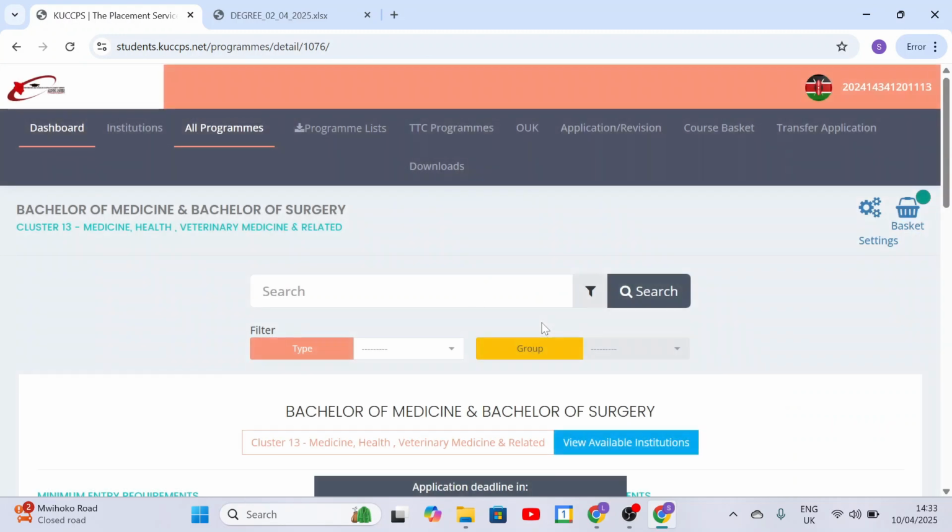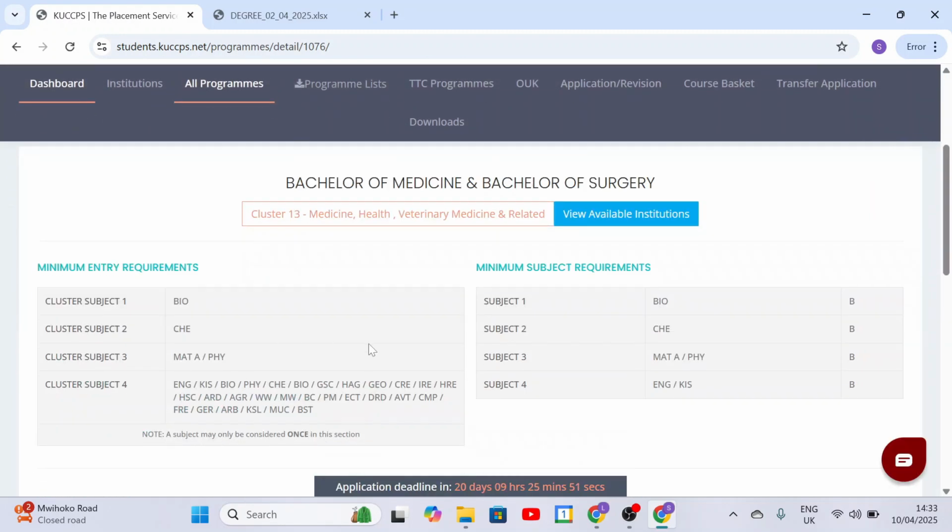course. The first thing that you get to see once you click that course is what you call the minimum entry requirements. It shows that, first of all, you have to ask yourself, do you meet the requirements?